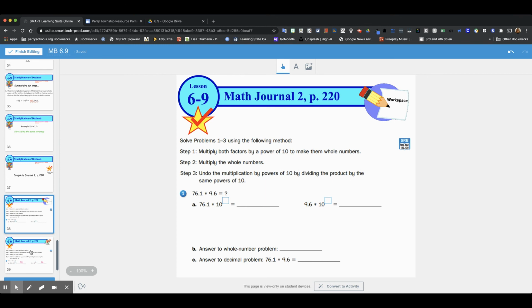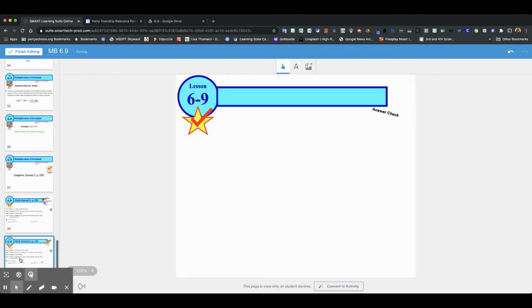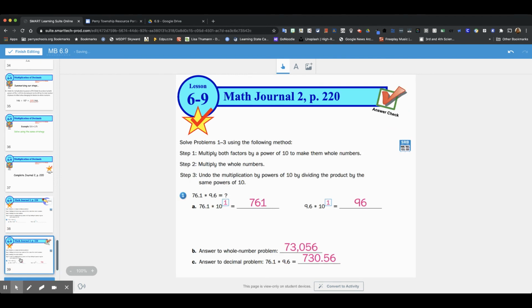Let's check over these. Okay, number 1, we should have taken 76.1 times 10 to the first power to get 761. And then you would have taken 9.6 times 10 to the first power to get 96. That answer was 73,056. But undoing, we see we have 1, 2.